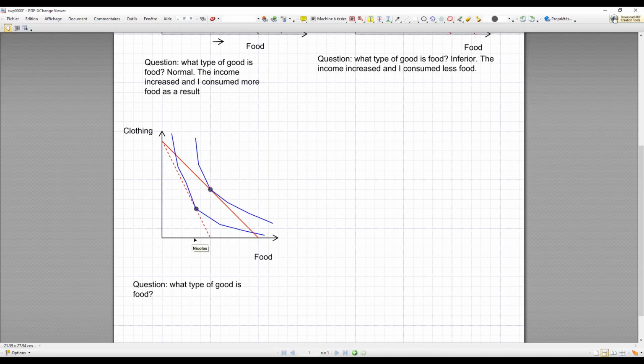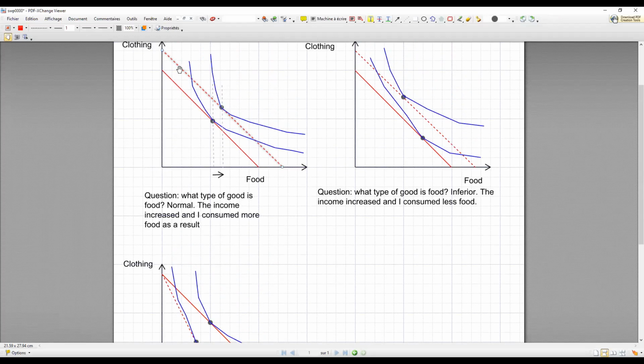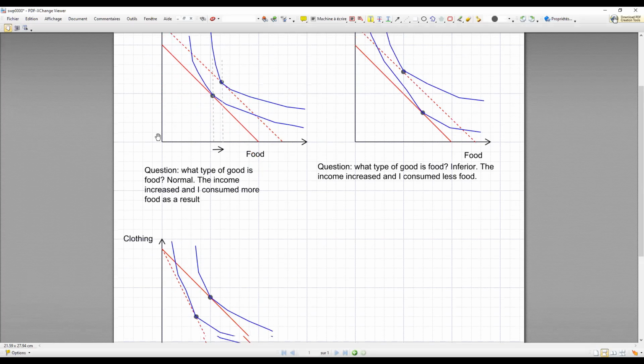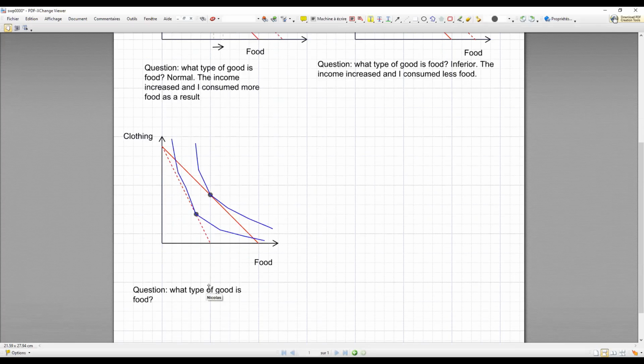That means you have less income. No, not exactly. Less income would be this, that would go there, for instance. Now this is at the same point as before, but this has decreased. The food is more expensive.